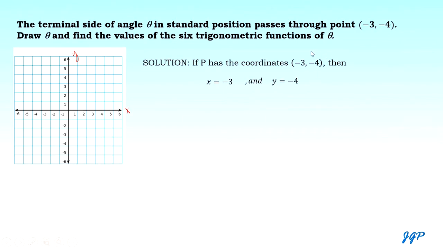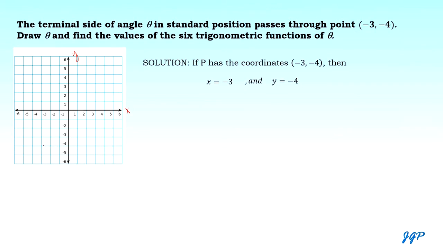So let's plot this point. Since that is -3 for the x value, from the origin, we move left 3 units. And then since we have y equal to -4, from the origin, we move down 4 units.